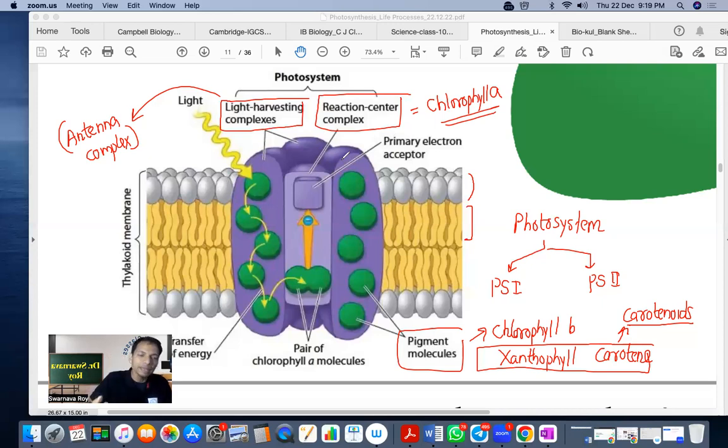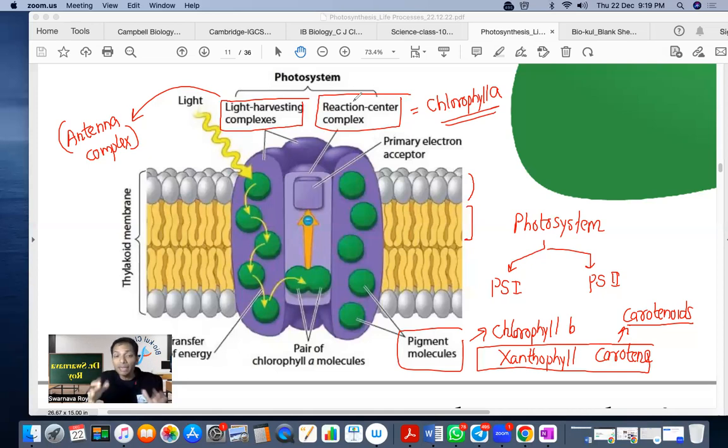Thylakoids have a membrane, and in the membrane there is this transmembrane protein called the photosystem. Inside the photosystem, we have two divisions: the outside light harvesting complex and the inside reaction center. This is exactly where the photosynthetic pigments are present. What are the photosynthetic pigments?